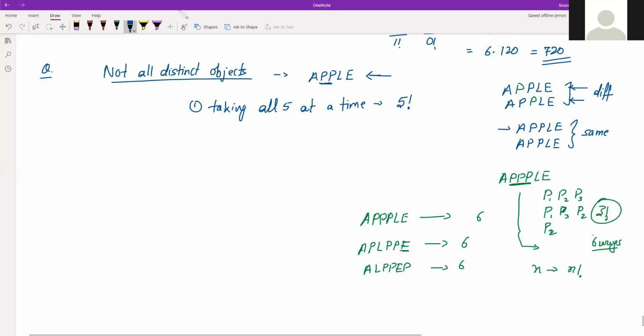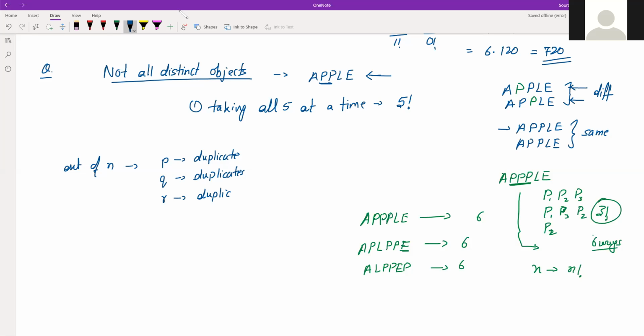So what I can say now is, out of n, if there are p duplicates, q duplicates, and r duplicates, then if there were no duplicates, n can arrange in n factorial ways, that is nPn, which equals n factorial.